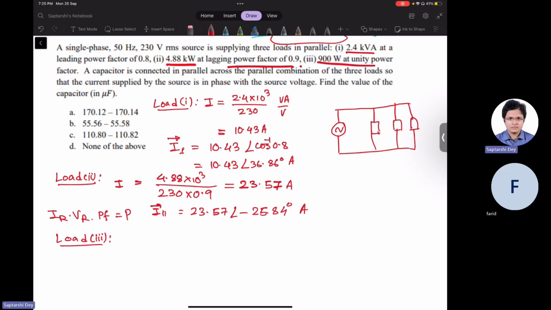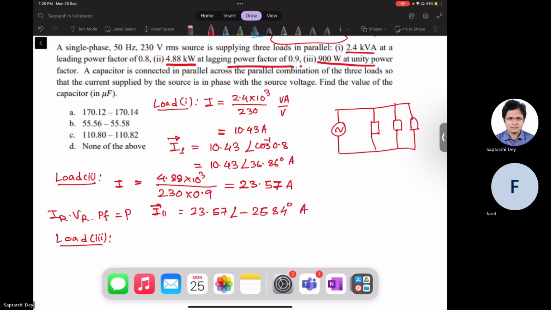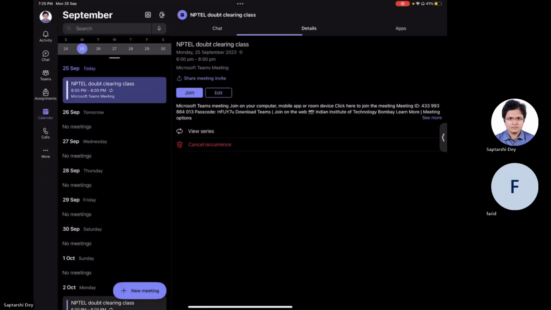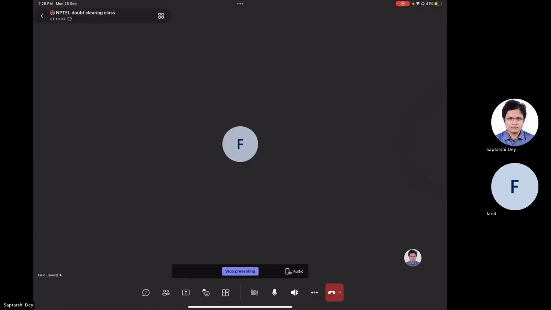Do you have a calculator at your hand? What is the current of the third load?